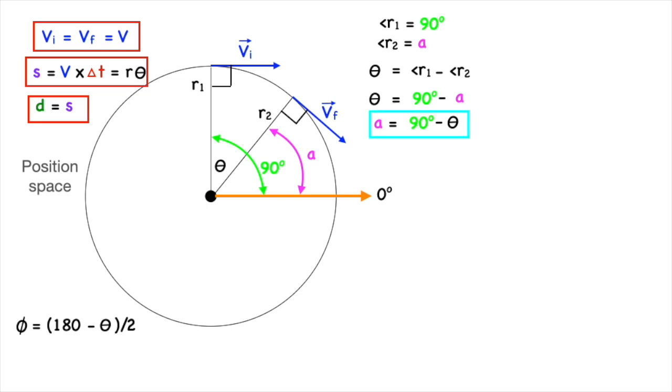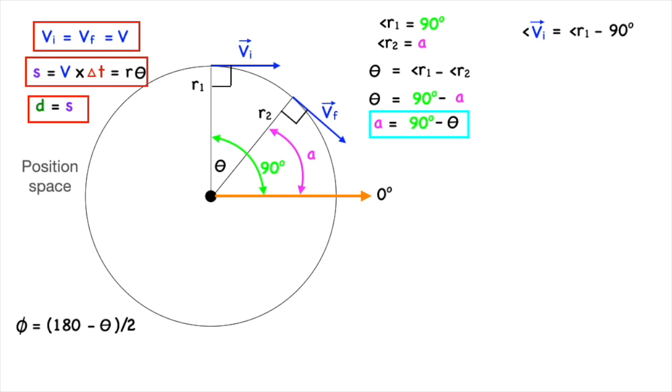Okay, what about the angle of the initial velocity vector v sub I? V sub I is rotated 90 degrees clockwise relative to r sub 1. So we can say that angle v sub I equals angle r1 minus 90 degrees.